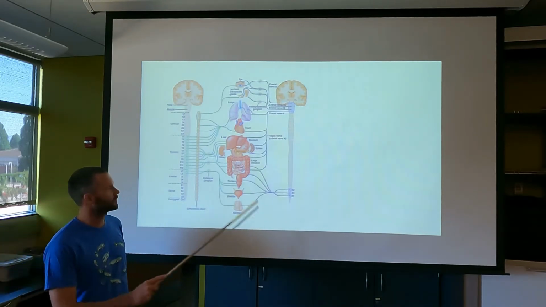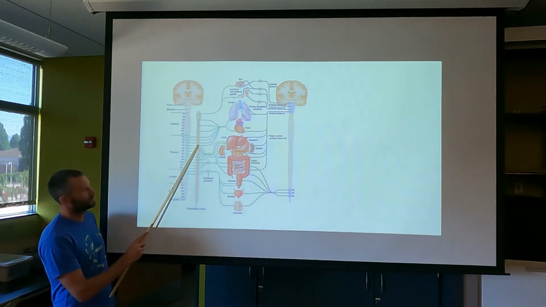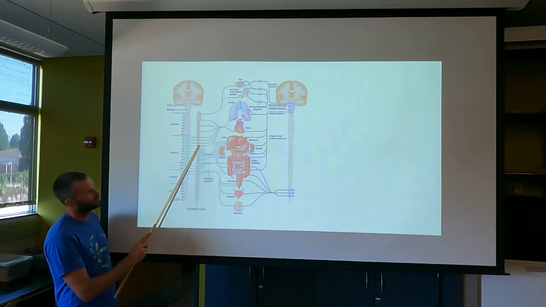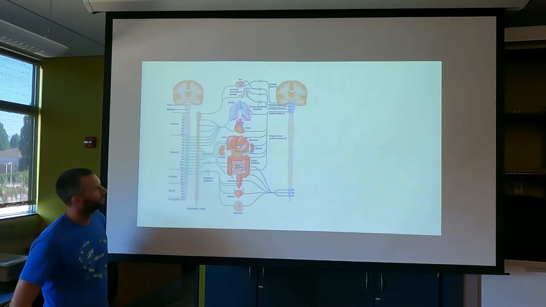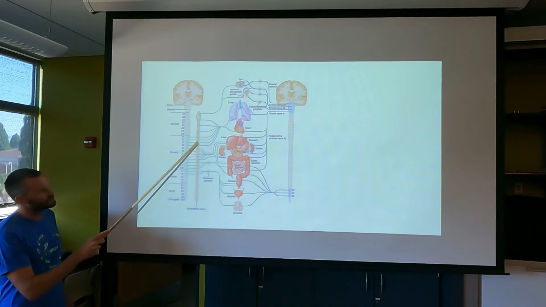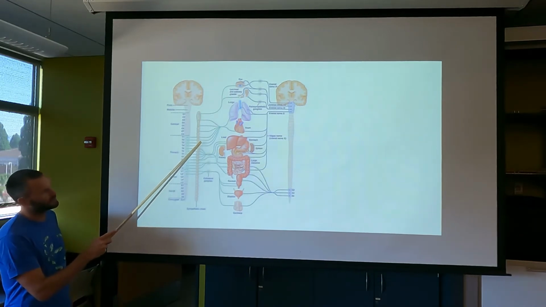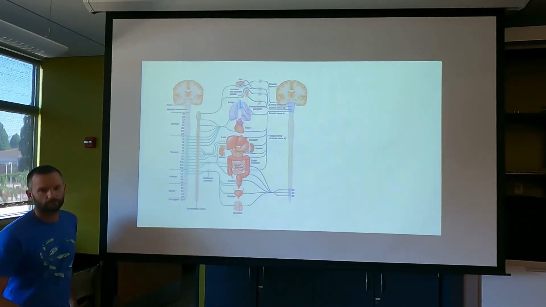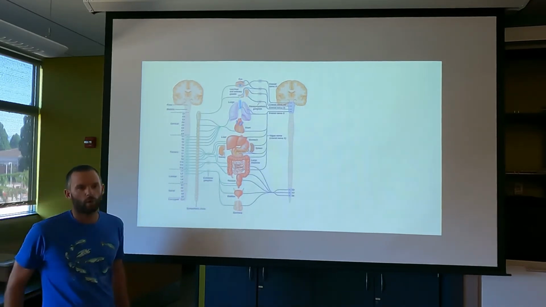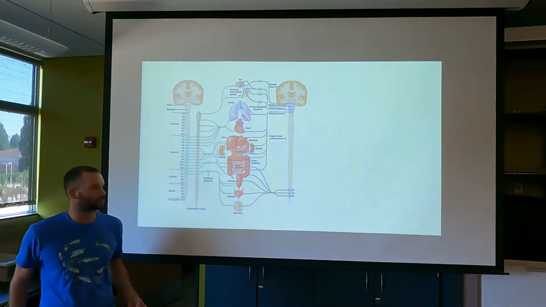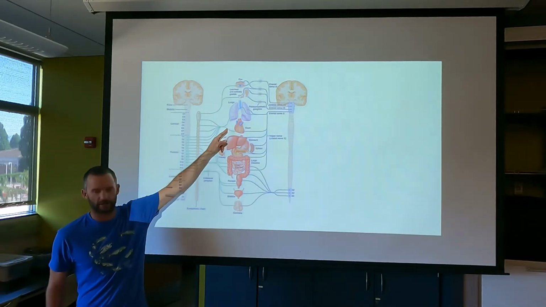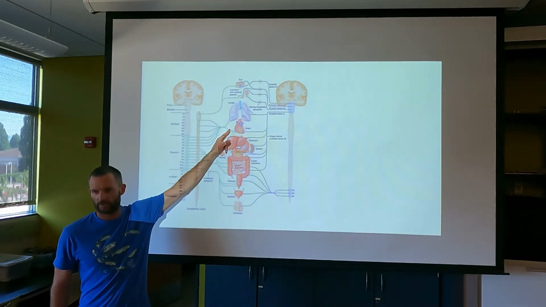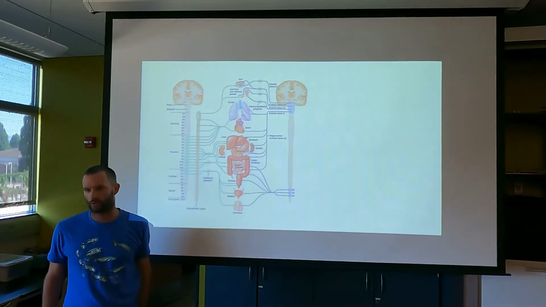Okay, so we have acetylcholine that's released from the pre onto the postganglionic sympathetic neuron. But then we have this postganglionic neuron that's going to travel from the sympathetic chain all the way onto the effector organ. And what is the neurotransmitter that's released by the postganglionic sympathetic neuron onto the effector organ?